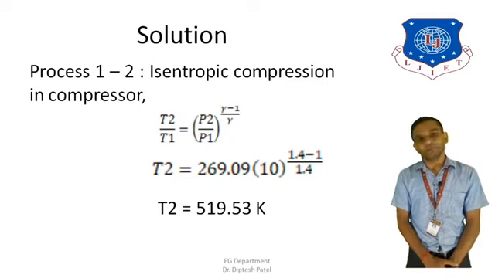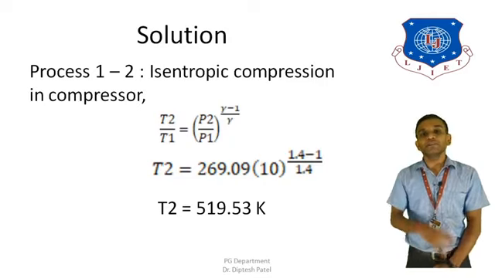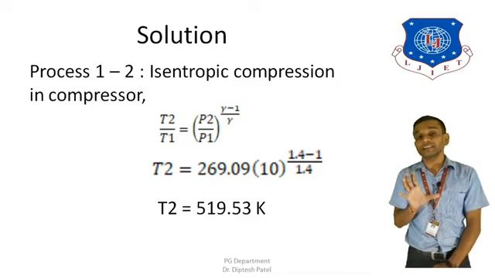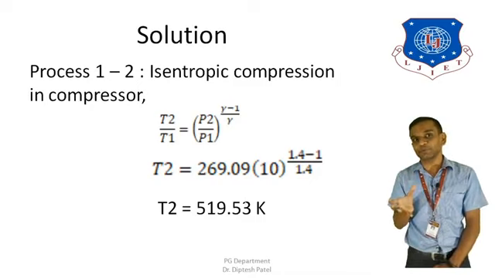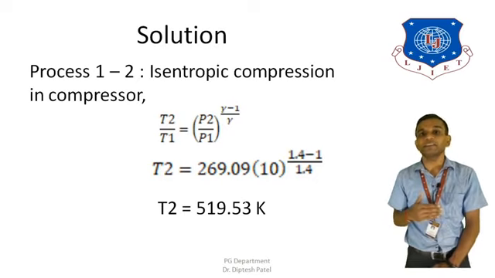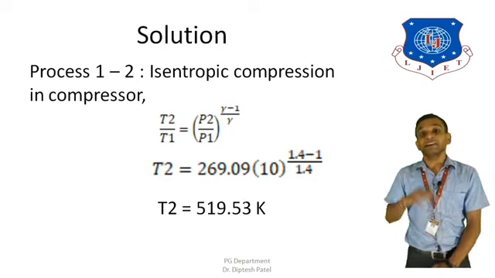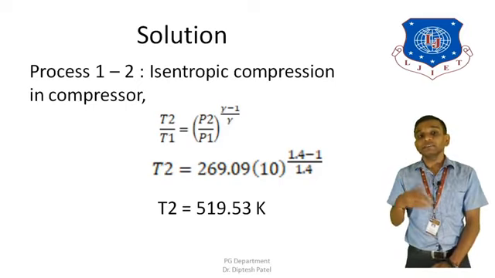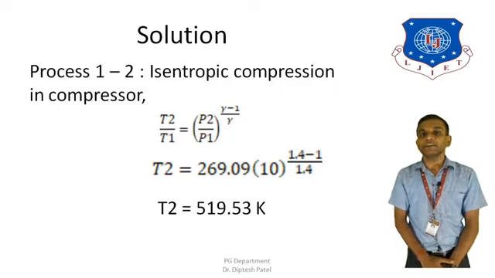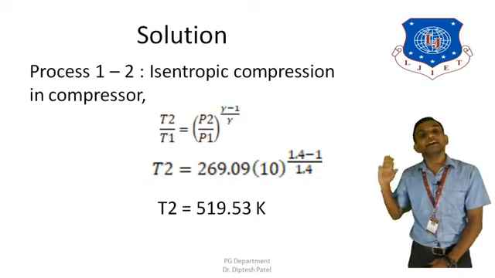Now let's move forward. Let's find out the value of T2. So we know that the process 1 to 2 is a compression process that takes place in the compressor, and that is an isentropic process. So again I am going to use the isentropic relations, and that is T2 upon T1 is equal to P2 upon P1 raised to gamma minus 1 upon gamma. Right? So that equation can be rewritten as T2 is equal to T1 into P2 upon P1 raised to gamma minus 1 upon gamma, and I am going to put the values in the equation.